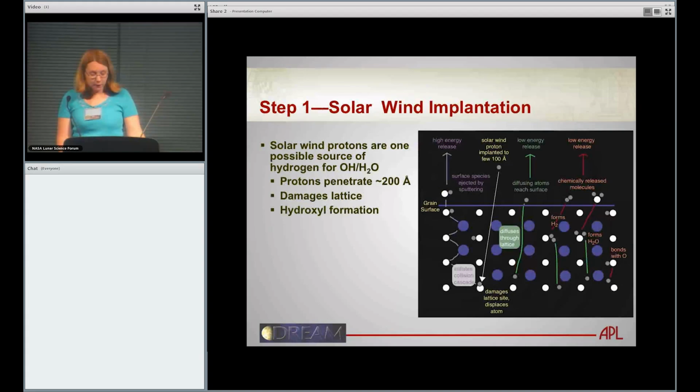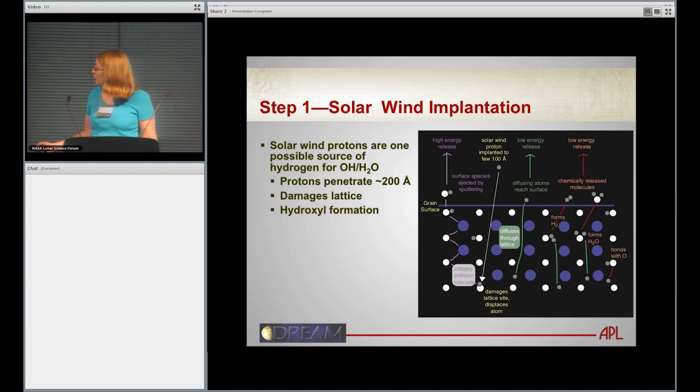So we're going to look at solar wind implantation, where the protons come in contact with the surface of the moon, and they penetrate a couple hundred angstroms. And on their way in, they do some radiation damage, breaking apart some bonds, knocking some atoms around. They can induce a collision cascade that kicks stuff off at the surface.